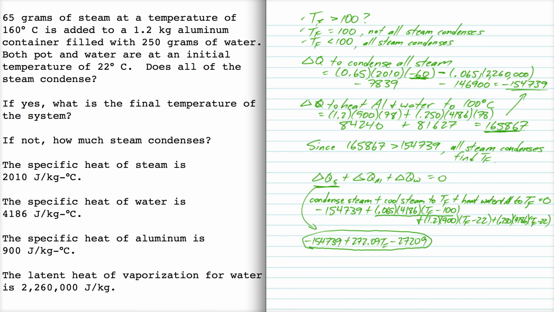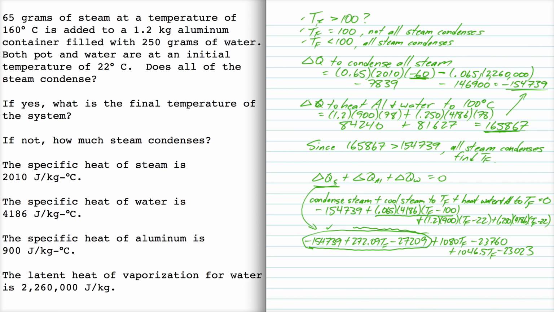So this part here cools the steam down to 100 and condenses it into water, and then this part right here cools the water down to whatever its final temperature is going to be. And then for the aluminum, we have 1080 TF minus 23,760, and then for the water, it's 1046.5 TF minus 23,023.